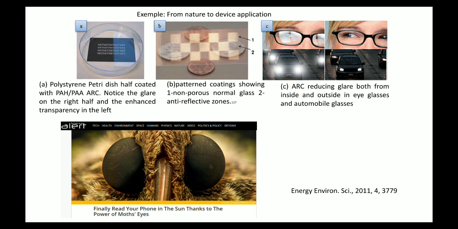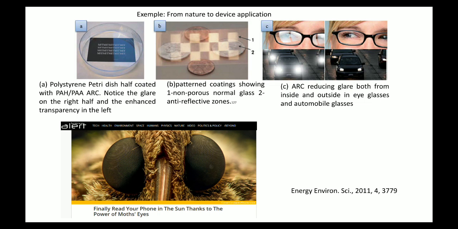So what does it mean? Many of you have experienced that when you are using your phone in sunlight, you are not able to see the light which is coming from the mobile, because in this case the reflection from the surface of your mobile glass is very high.